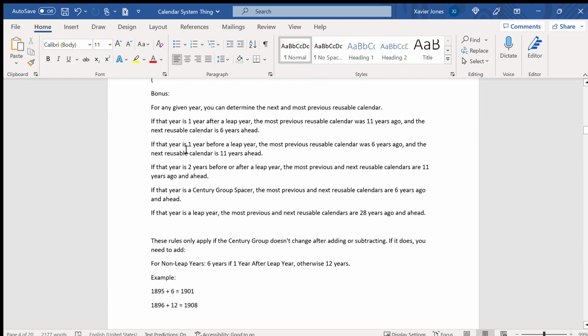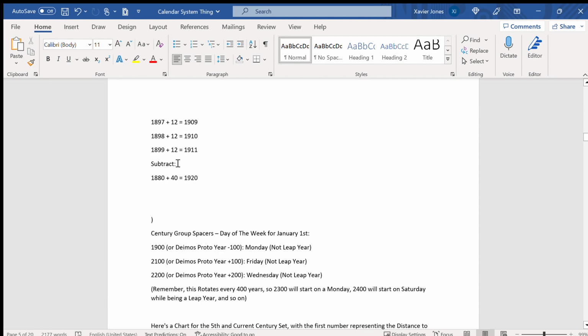Before a leap year, 6 years ago, and the next reusable calendar is 11 years ahead. That's not correct for this specific scenario. Because 1911, wait a minute. Oh, but that doesn't change the century grouping. So that might actually be true.